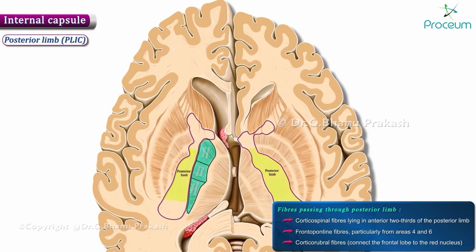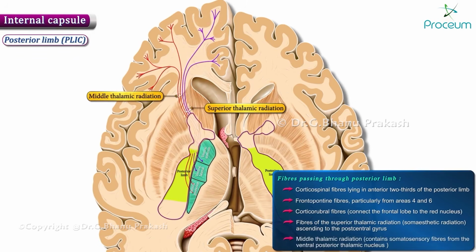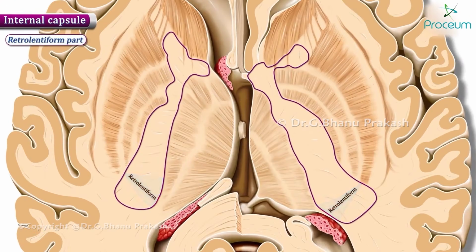Most of the posterior limb also contains fibers of the superior thalamic radiation, also known as somaesthetic radiation, ascending to the post-central gyrus, and the middle thalamic radiation, which contains somatosensory fibers from the ventral posterior thalamic nucleus.